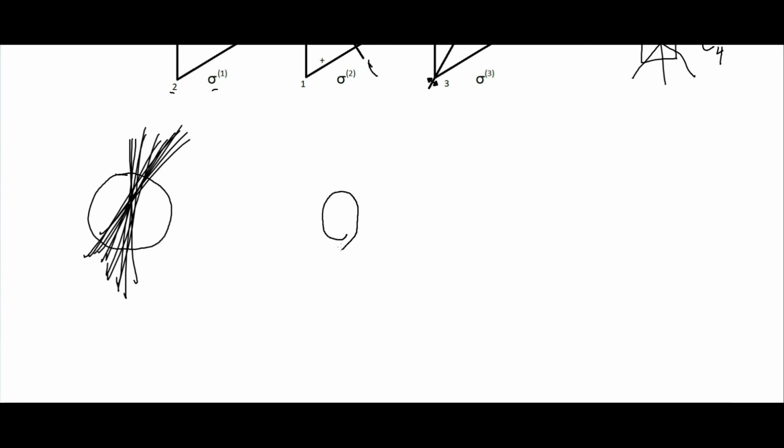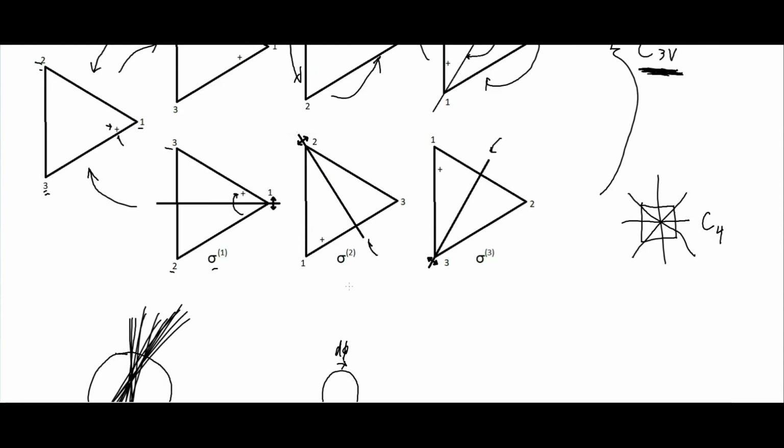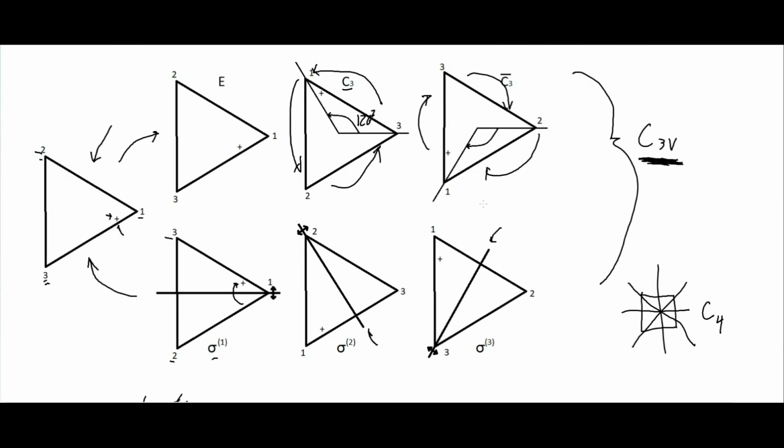You have your circle, and you can rotate it by infinitesimal amounts, an infinite number of times. So those get into things like Lie groups and stuff like that, which I will probably talk about quite far down the line. But for now, I'm going to be using these discrete symmetry groups.